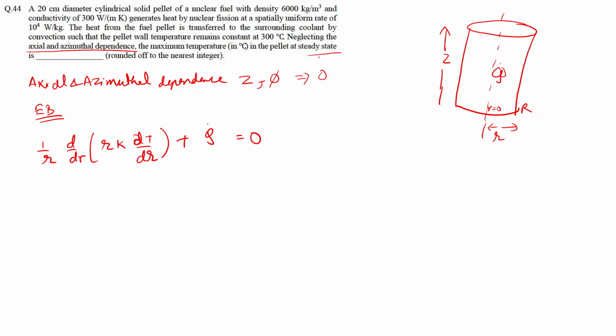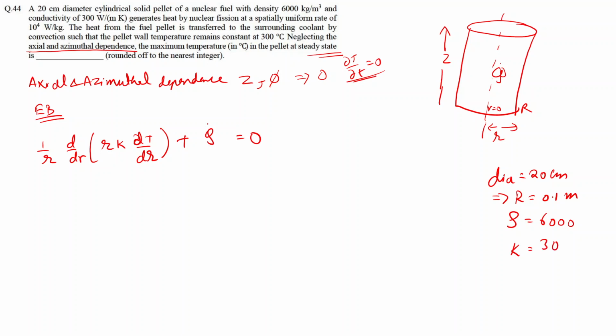But since we are given steady state, del T by del t we are considering as 0. And here what all things we have been given: the diameter is 20 centimeter, that implies R is 0.1 meter. Density we have been given as 6000.